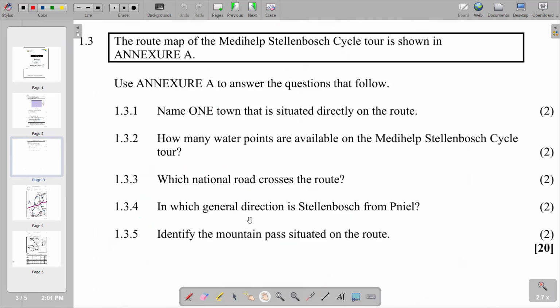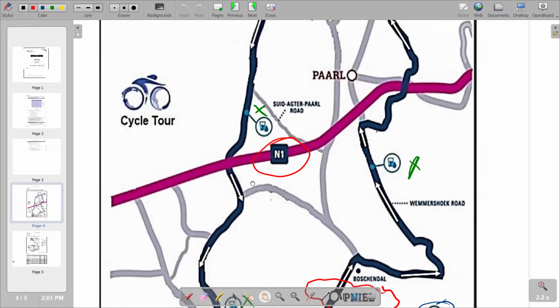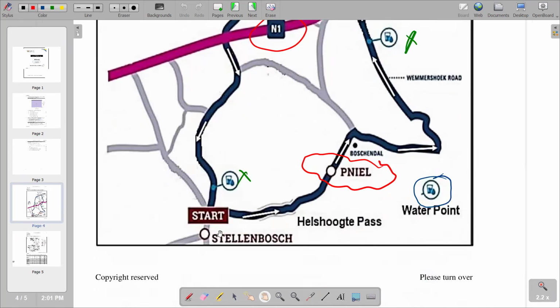In which general direction is Stellenbosch from Pinel? Stellenbosch from Pinel. So Stellenbosch is here. So which direction is it from Pinel? Pinel is here. And you see that Stellenbosch is from this point.